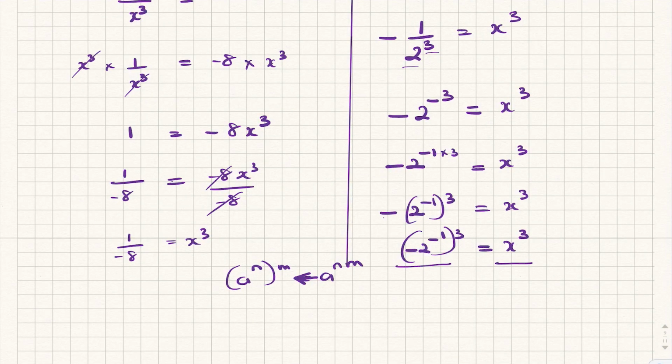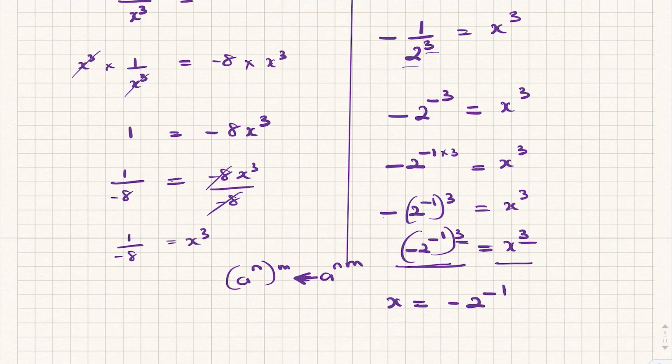If the powers are the same, the base will be the same. So in this case, since the power is the same as 3 and 3, the base will be the same, just as we apply power. So therefore x will be equal to minus 2 to the power minus 1. So that's because the 3 and 3 are the same, and there's an equal sign between them. So therefore, the bases will be the same.